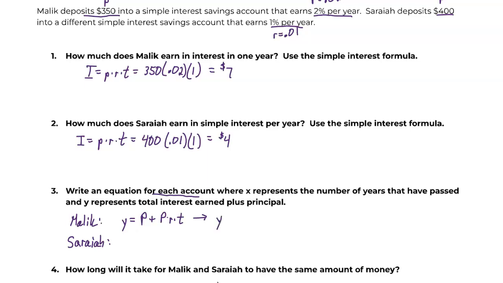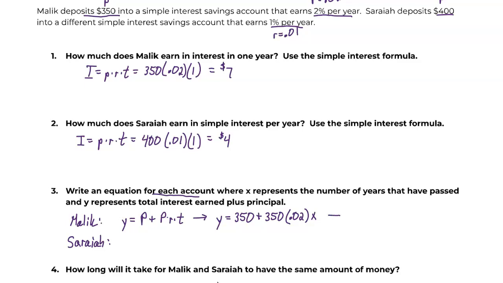So the amount of money in his account is equal to the principal, his was $350, plus now the interest, which is $350 times the interest rate times the number of years that he leaves the money in the bank account. We're told to use the letter X for that. Here is an equation for Malik.